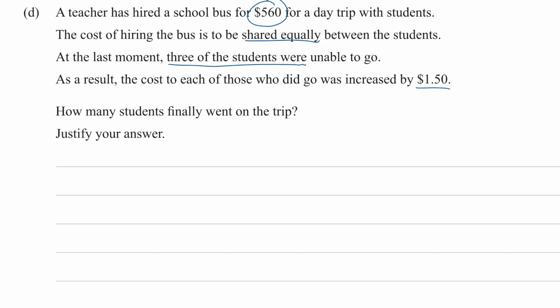Right. So I'm going to do it a little bit differently to the mark scheme because I feel like I didn't understand the mark scheme. That's mostly why. So let's introduce some variables just so we can keep track of things a bit more easily. So let's let x equal number of students initially going.